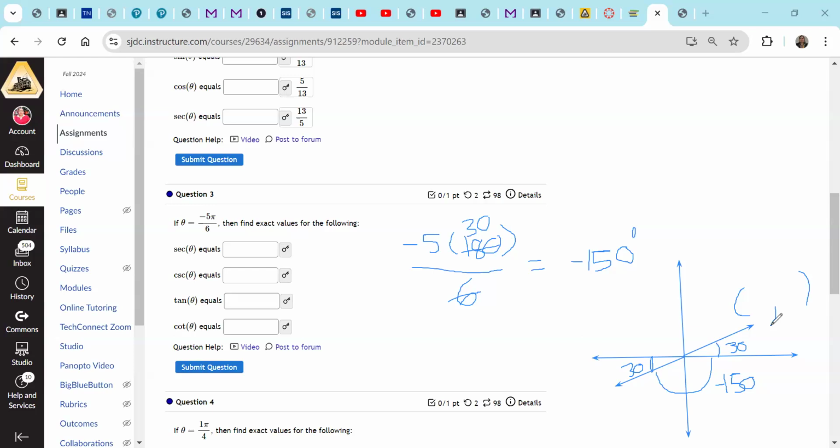And I'm looking at 30 degrees. So my cos value at 30 degrees is square root 3 over 2, and the sine value is 1/2.